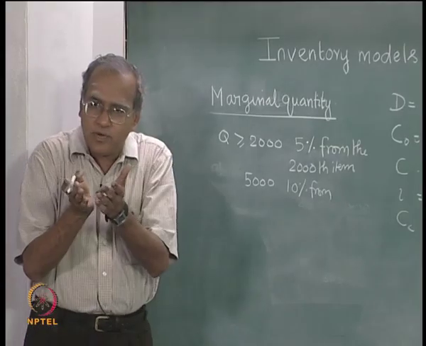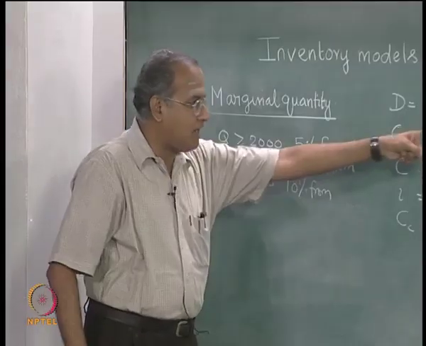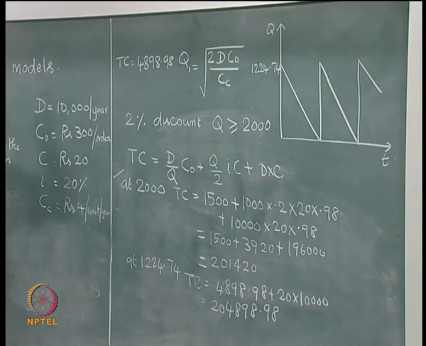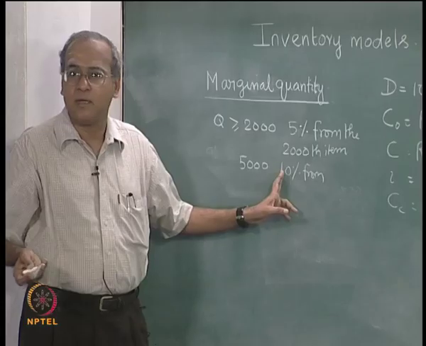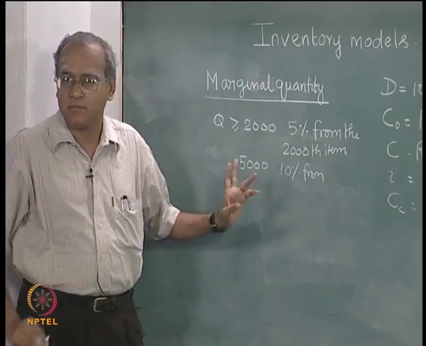So, at Q equal to 3000, if we order 3000, the item cost will be 3000 into 19 rupees 60 paise. Here it is 2000 into 20 plus 1000 into 19.